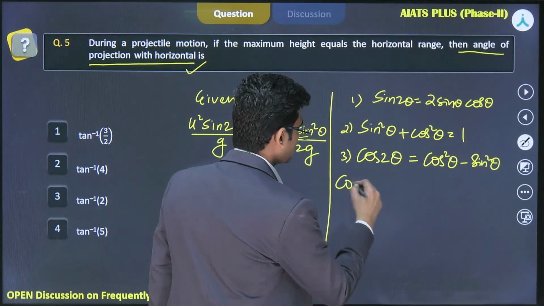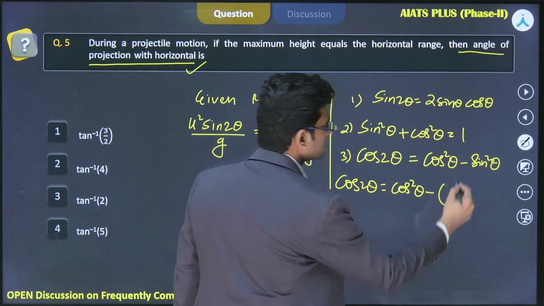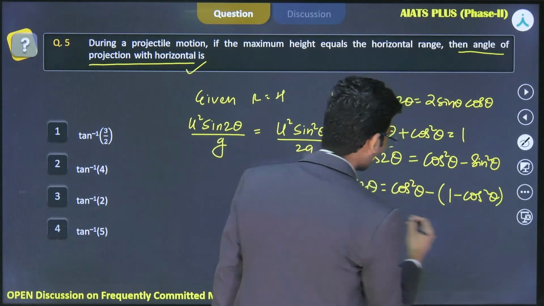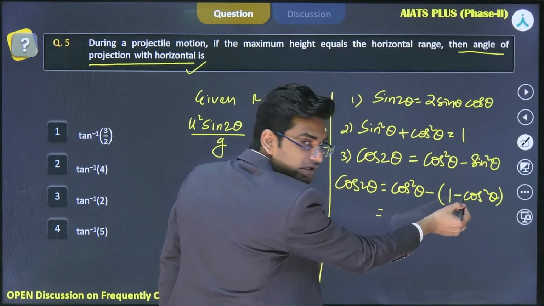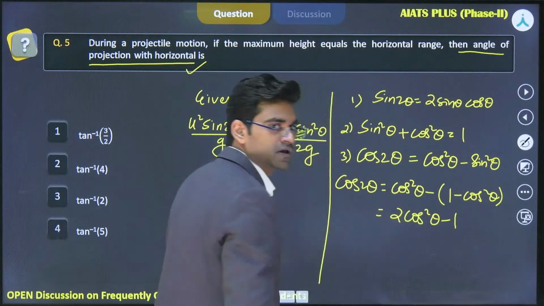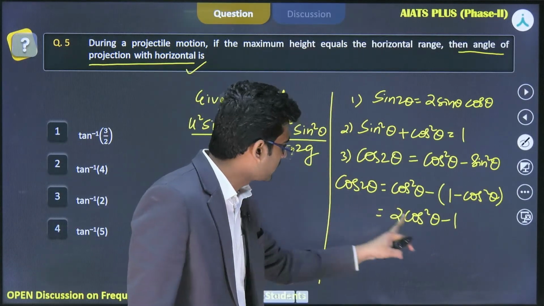So cos 2 theta equal to cos square theta minus 1 minus cos square theta. So cos square theta minus 1, and this minus and minus will become plus. So this will be 2 cos square theta minus 1.